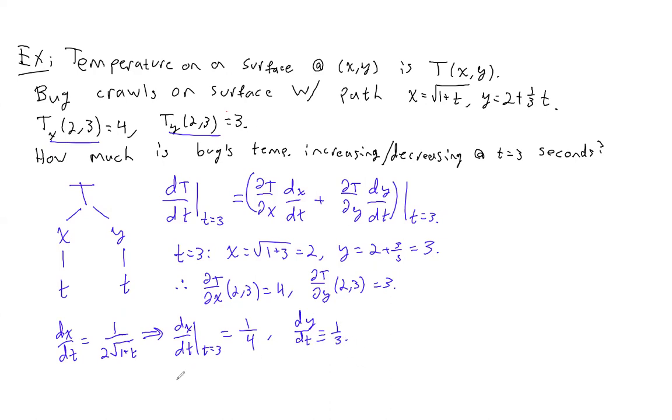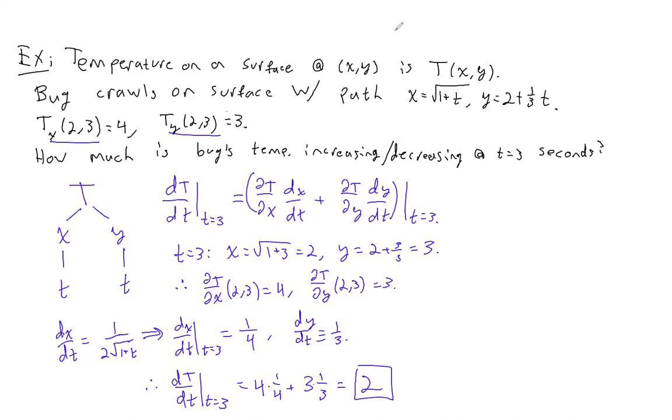So the upshot of all of this is that dT dt after 3 seconds is del T del x, 4, times dx dt at t equals 3, 1/4, plus del T del y, 3, times dy dt, 1/3, or in other words, 2. So the answer to the first problem is just 2.